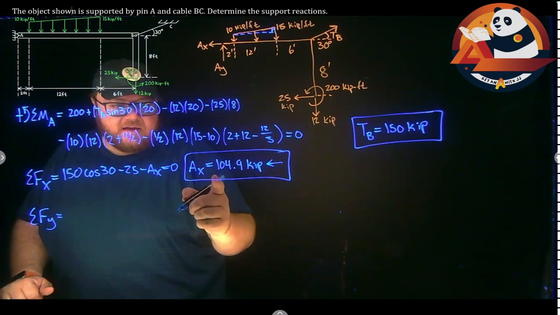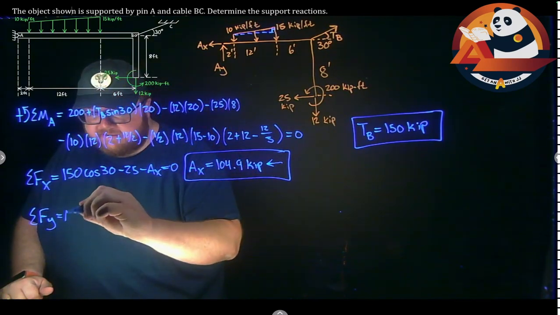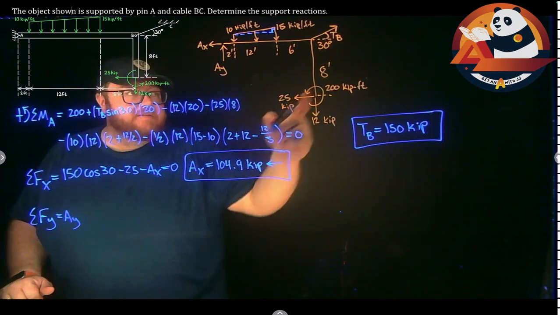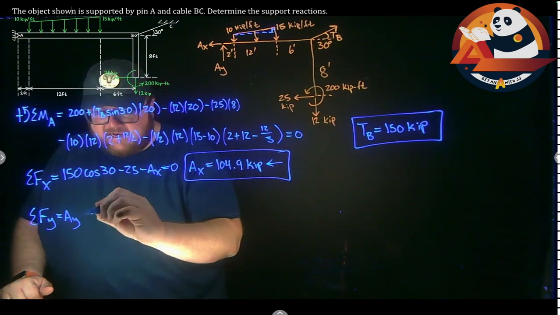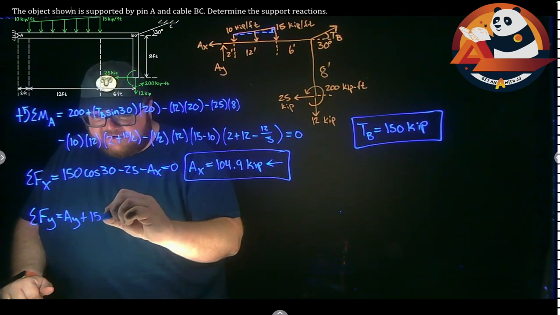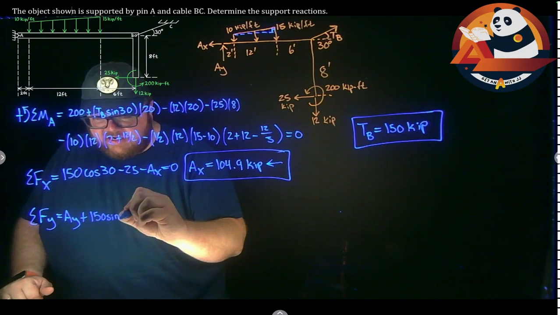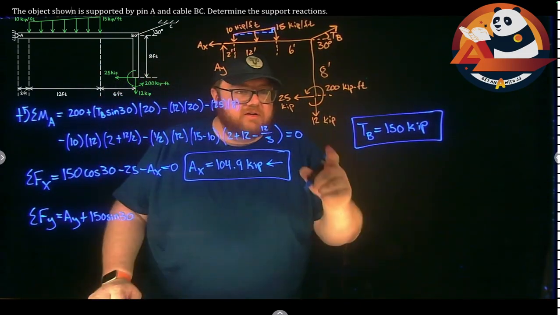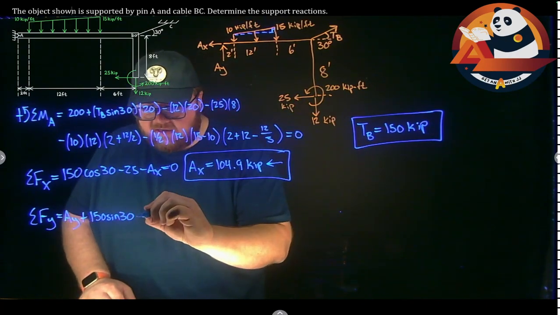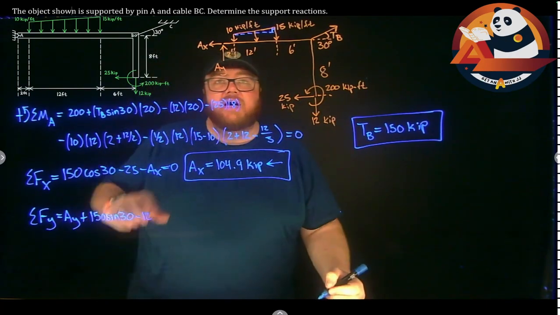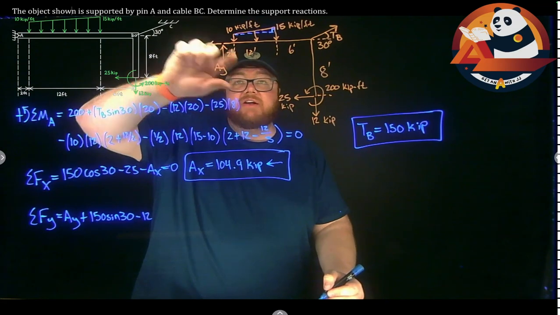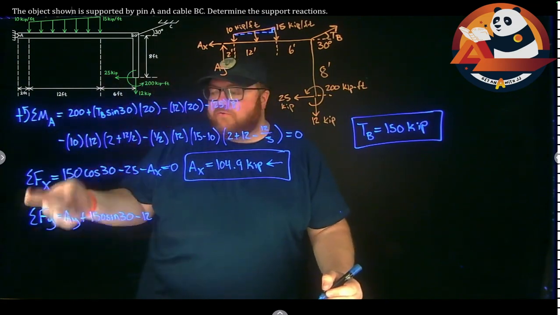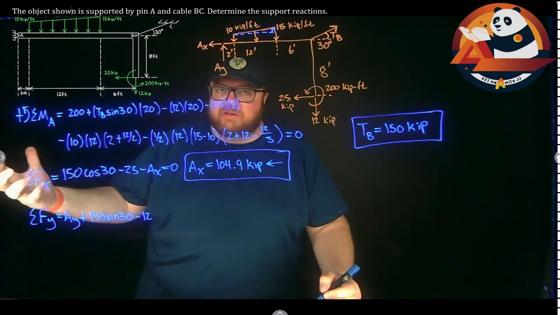I have AY going up. I have TB goes up, so plus TB is 150. To get the Y component, I need the sine of 30. I have 12 coming down, so minus 12. I have my rectangular distributed load. If I'm just looking for the force here, summing forces, I just want the area.